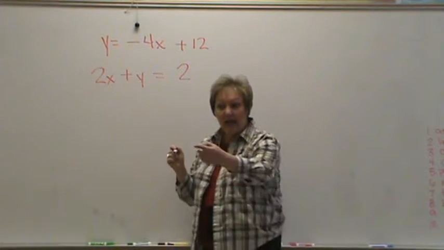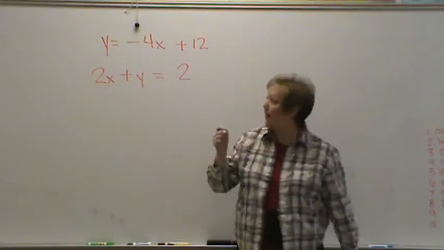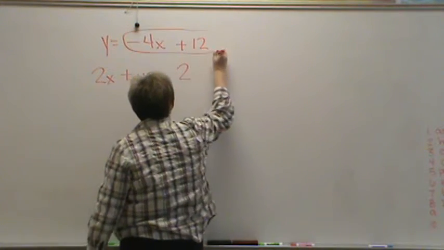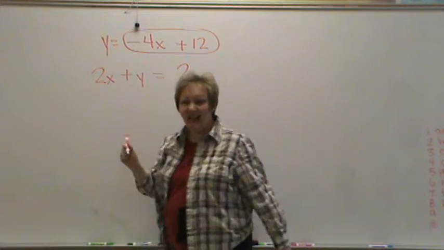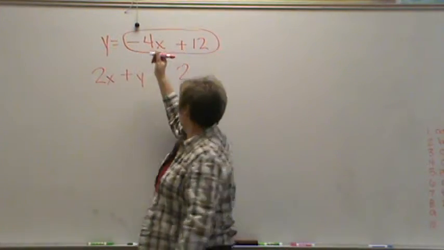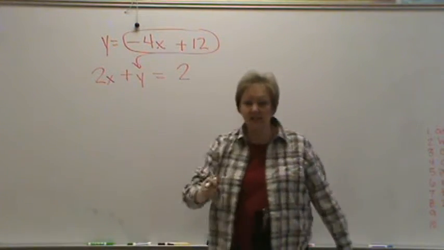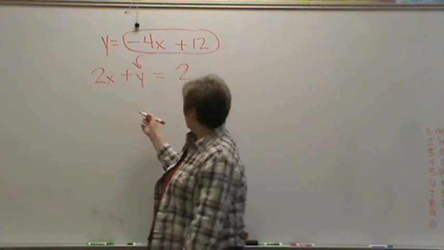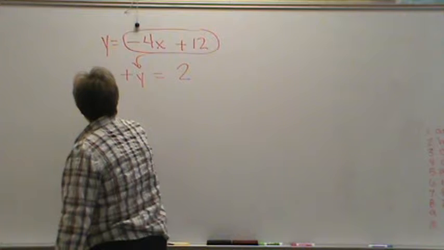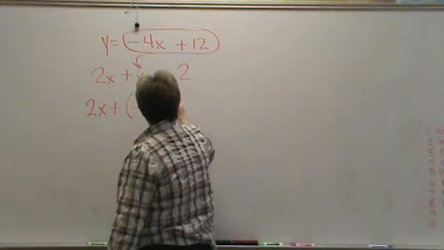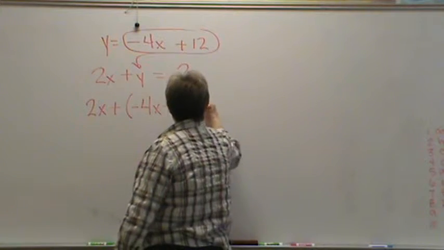Yes. Negative 4x plus 12 equals y. So I can take this right here and I can replace y. Substitution. And I can say 2x plus negative 4x plus 12 equals 2.